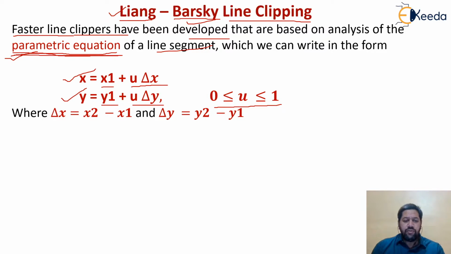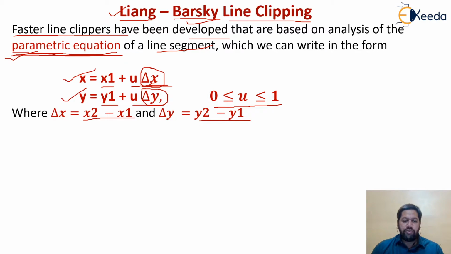As we already know the meaning of delta x, delta x indicates the difference x2 minus x1, and delta y indicates the difference y2 minus y1. That is the displacement in the x value and the displacement in the y direction. The line has a starting point and an end point.